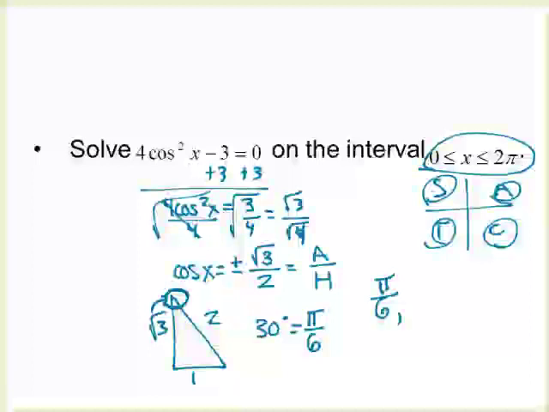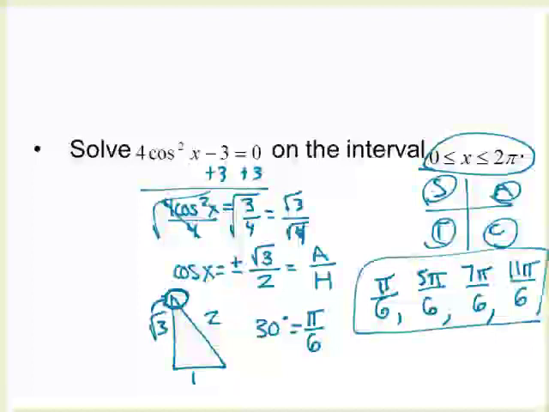Second quadrant, 5 pi over 6, 1 less than the denominator. Third quadrant, 7 pi over 6, 1 more than the denominator. And fourth quadrant, 11 pi over 6, 1 less than double because we're almost making that full circle 2 pi.